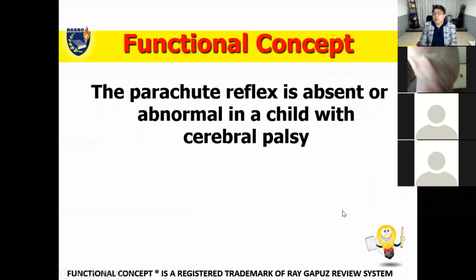Now, what happens when beginning at 4 to 6 months, the child will not manifest the parachute reflex? So it simply means that the child could be having cerebral palsy. So pay particular attention now to these reflexes.